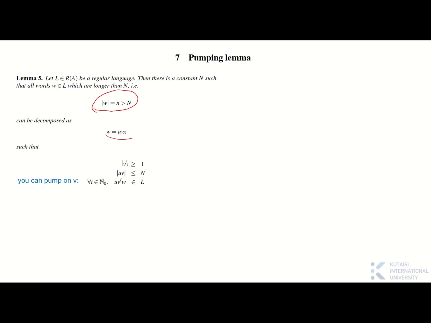So you look at any string that is longer than n and you decompose it in 3 parts, such that the middle part is not empty. This is what the first thing says. The first half, this uv part, is shorter than n, okay? But the most important bit is here, that for any natural number i you give me, u v to the power i w is also in my language.